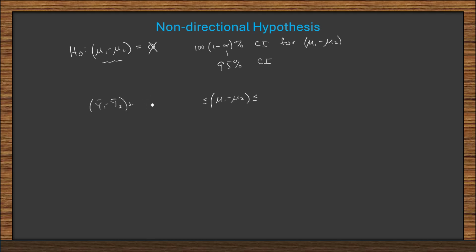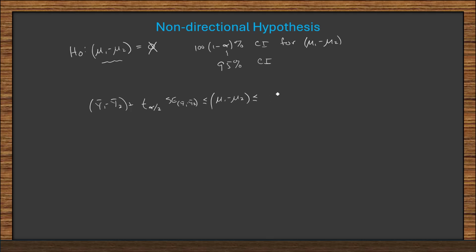The margin of error is being measured by a t-value from the t-distribution with the degrees of freedom n-2 associated with the alpha divided by 2 percentile. So for instance, as alpha is 0.05, we're looking for the t-value at the 2.5th percentile in the t-distribution. Then we'll multiply that by the standard error of our statistic, the difference in the sample means.